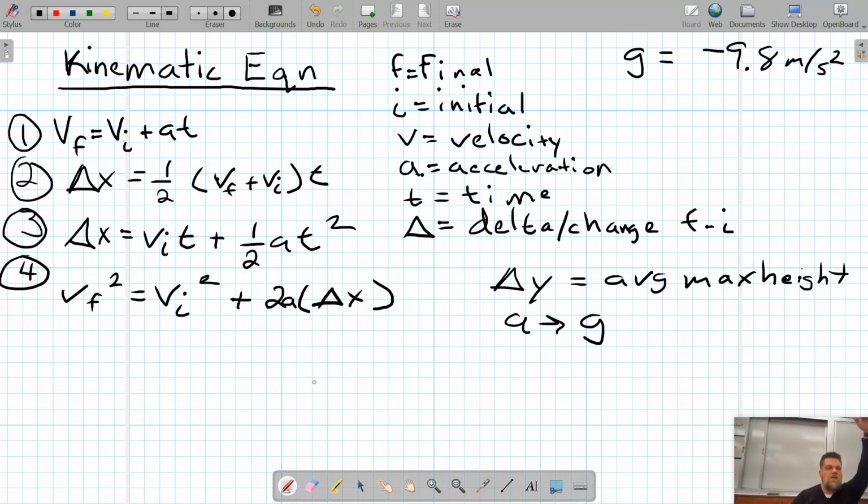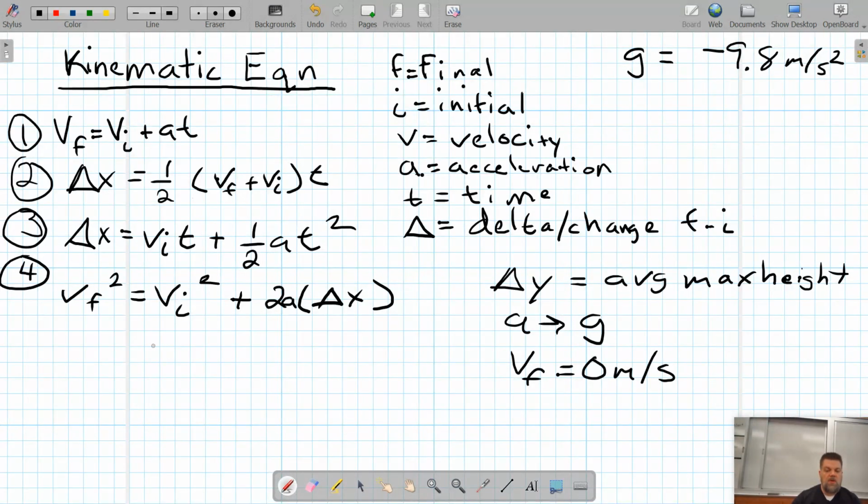And then right when that bullet gets to the maximum height, that's our final velocity. So what does it do right before it falls down? It stops. So our final velocity is going to equal 0 meters per second.